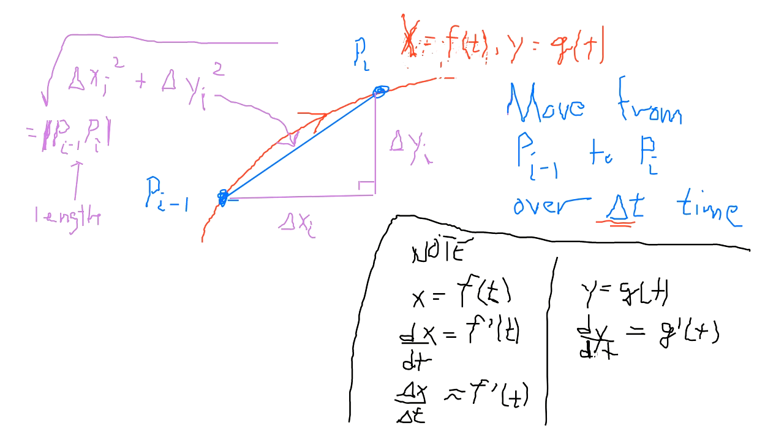Well, then that means that dy dt can be approximated by delta y over delta t, and it'll be a very good approximation if delta t is very small. So g prime of t can be approximated by delta y over delta t.